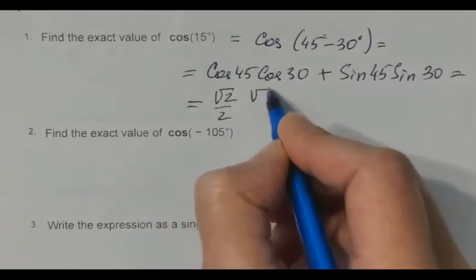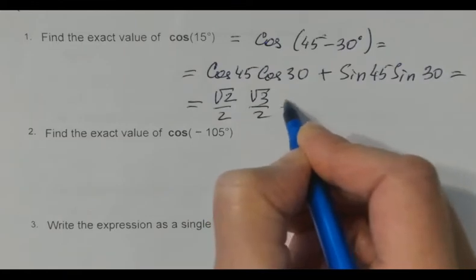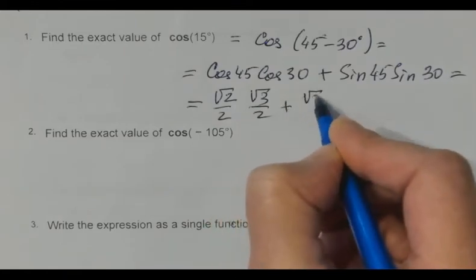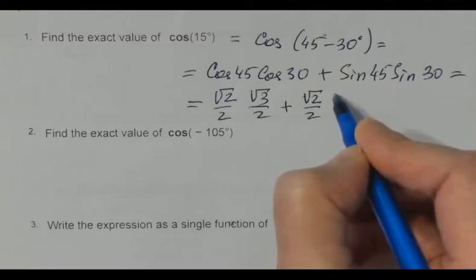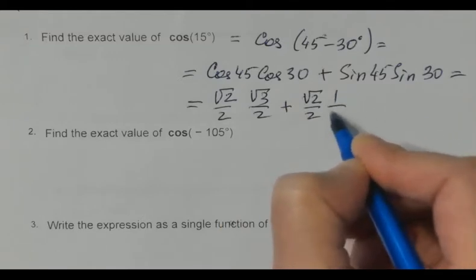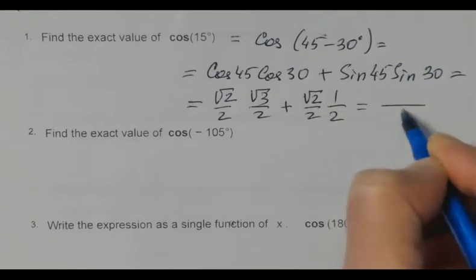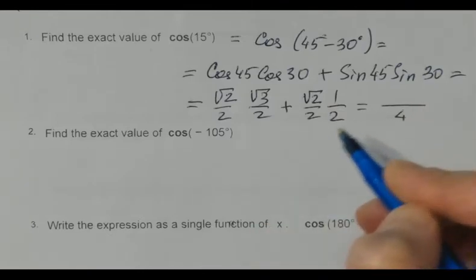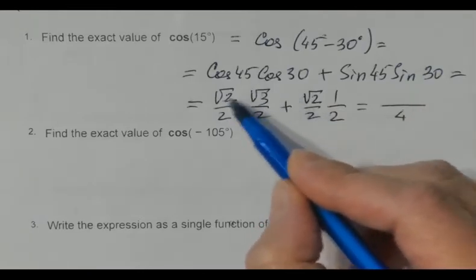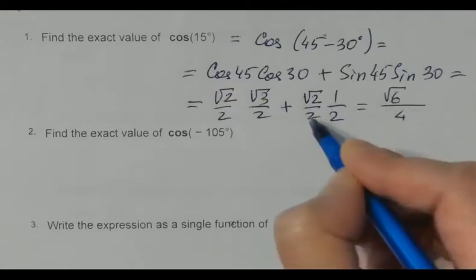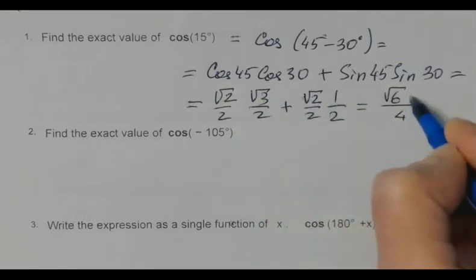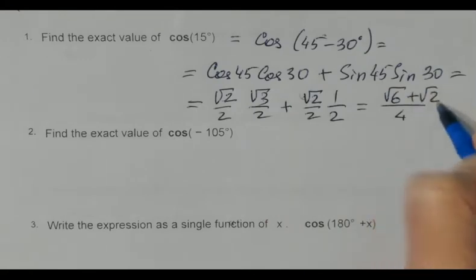Cosine of 30 is square root of 3 over 2, plus sine of 45, square root of 2 over 2, times sine of 30, 1/2. So we have the same denominator 4 for both fractions. In the numerator we have square root of 2 times square root of 3, which is square root of 6, and in the second term plus square root of 2.